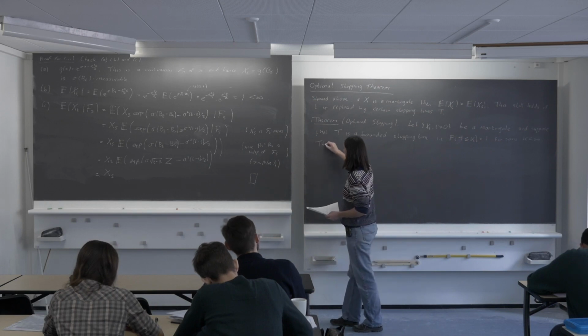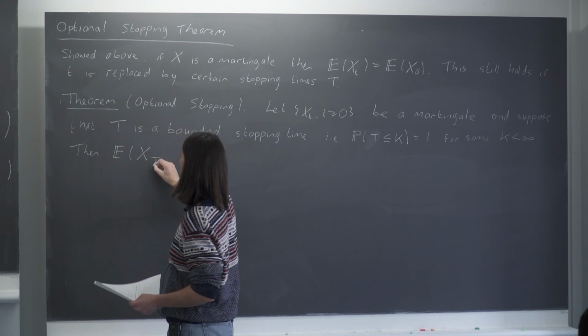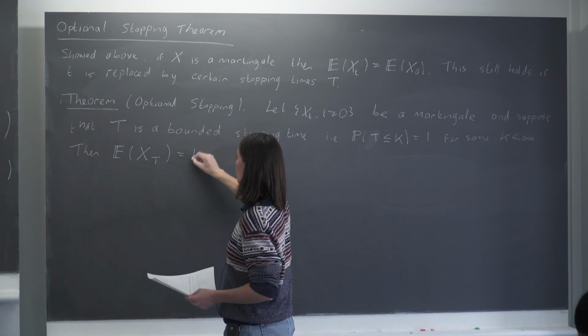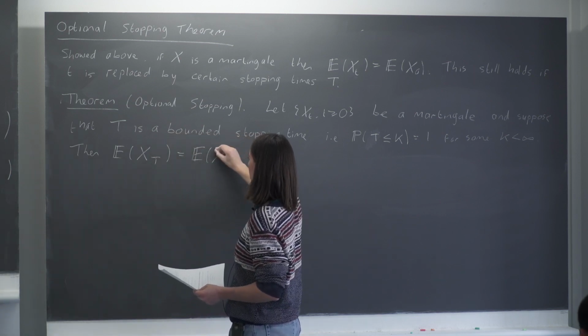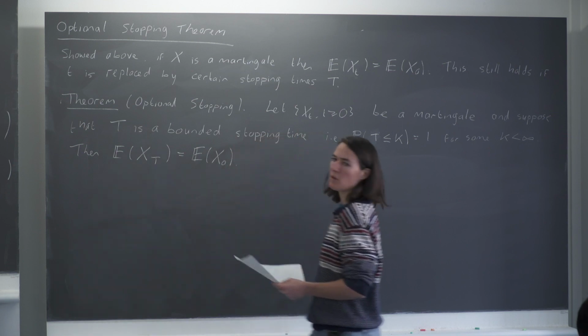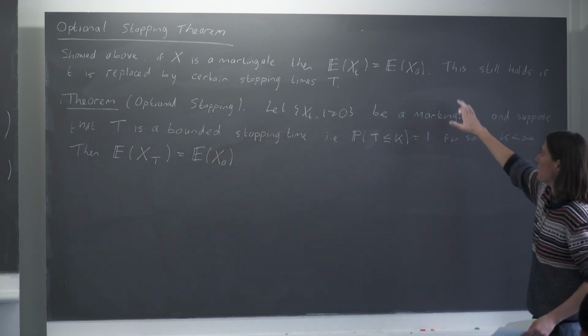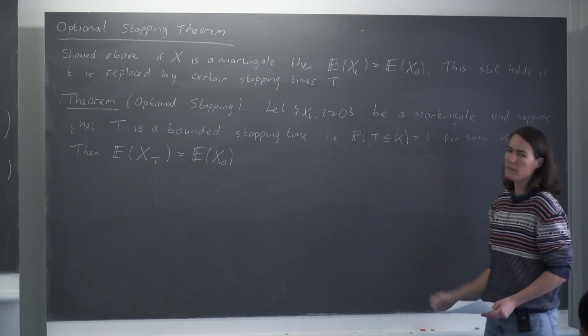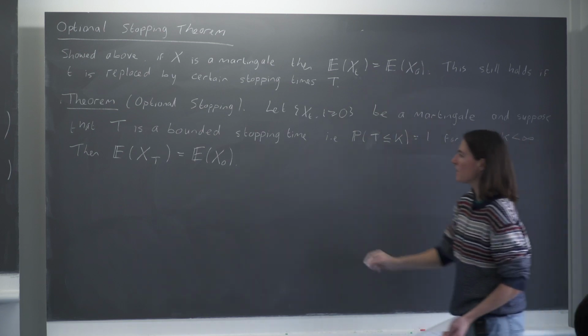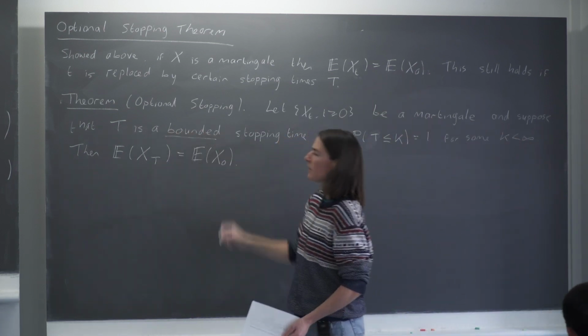Then what do we know? Well, then the expected value of our martingale at time T is just equal to the expected value of the martingale at time 0. So it exactly tells us that we can replace this by that. And the key point is we need T to be bounded.